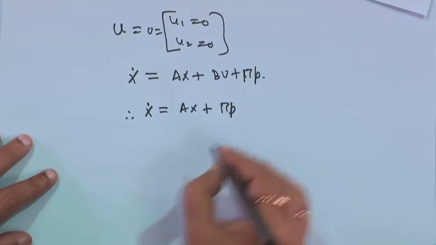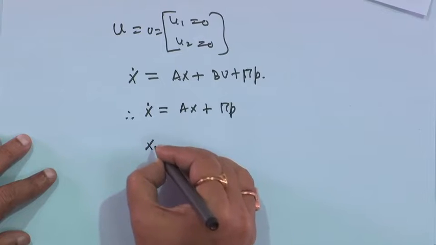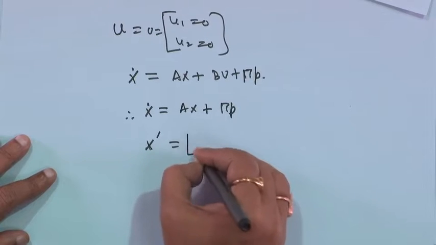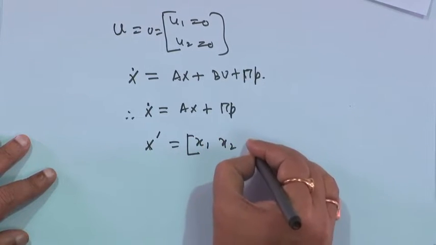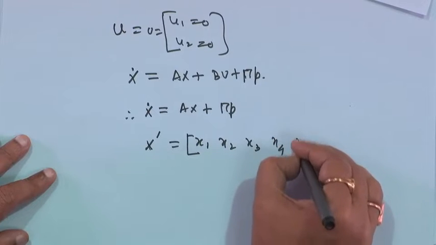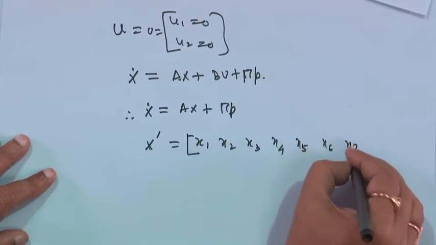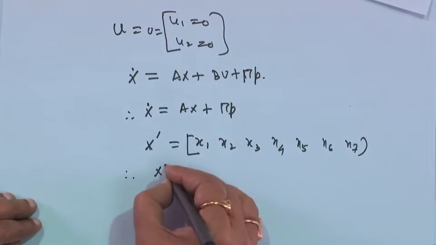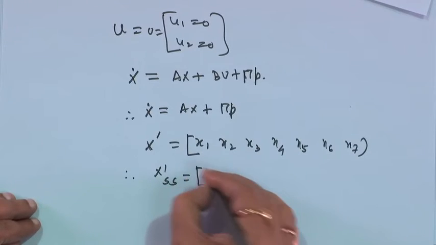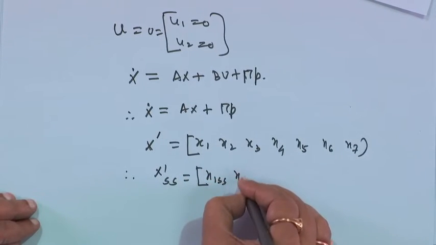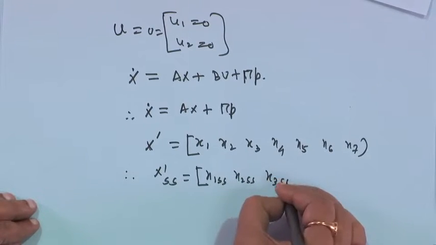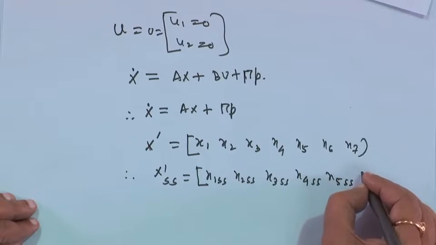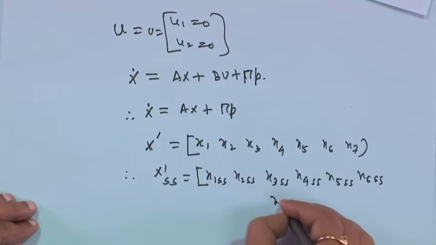Now, at steady state, suppose x transpose is x1, x2, x3, x4, x5, x6 and x7. If you put the steady state, these will all be x1 SS, x2 SS, x3 SS, x4 SS, and as we have also seen for the single area, x5 SS, x6 SS and x7 SS.